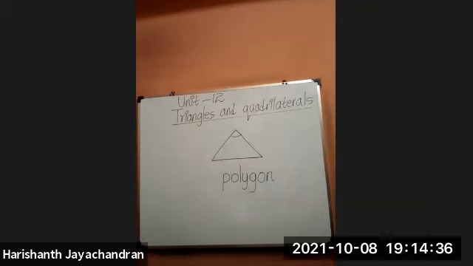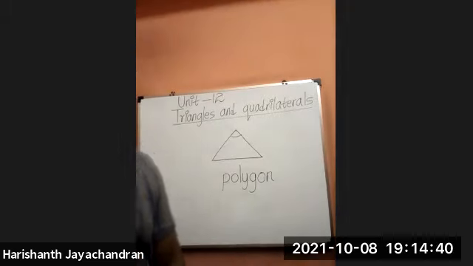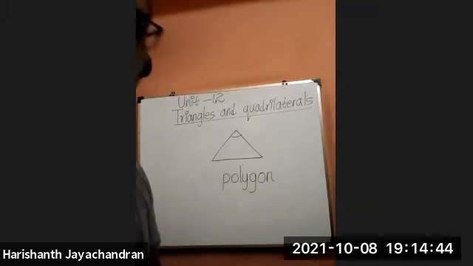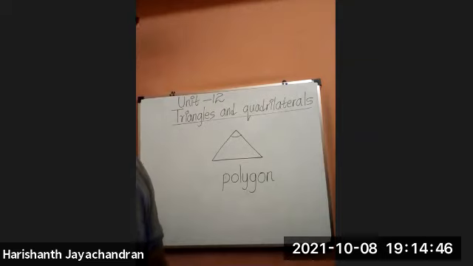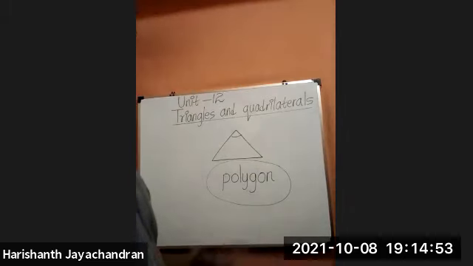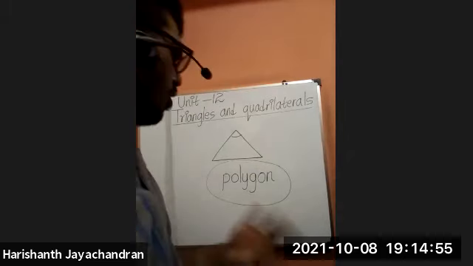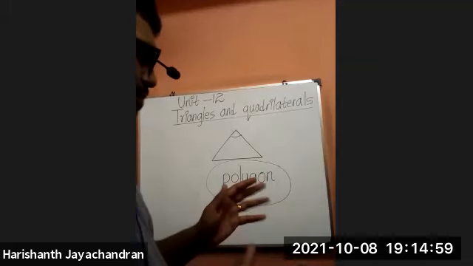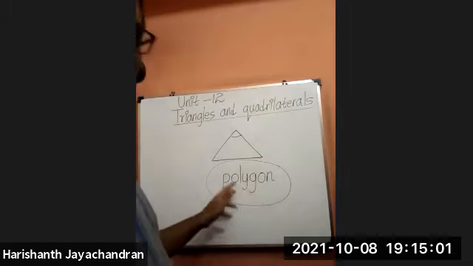You would have heard pentagon, hexagon, heptagon, octagon, nonagon, decagon, right? You would have studied all of those 2D shapes. But now my question is, what is a polygon?